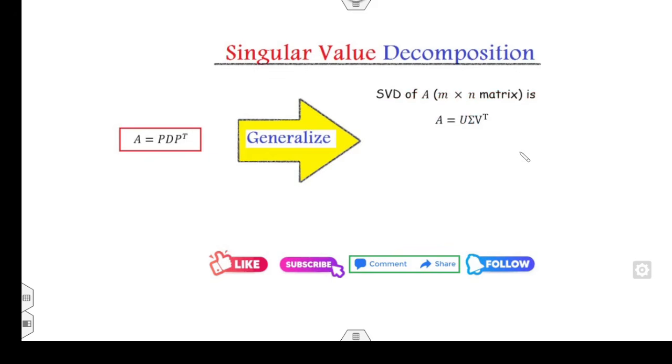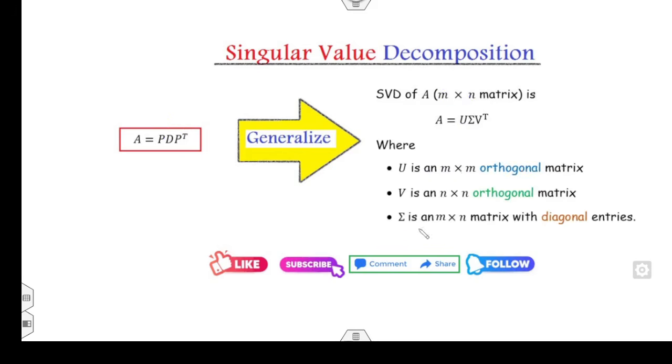Now, what is the singular value decomposition of the matrix A, which is an m cross n matrix? We can replace P with U, P transpose with V transpose, and the diagonal matrix I denote by sigma, where U is my m cross m matrix, V is my n cross n matrix, and sigma is my m cross n matrix with diagonal entries.